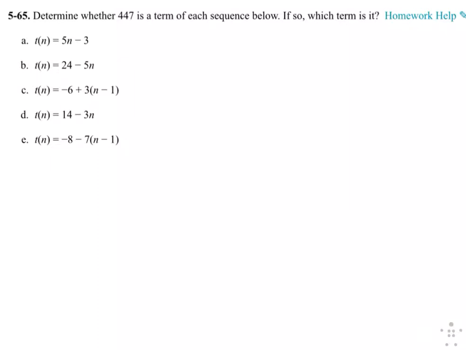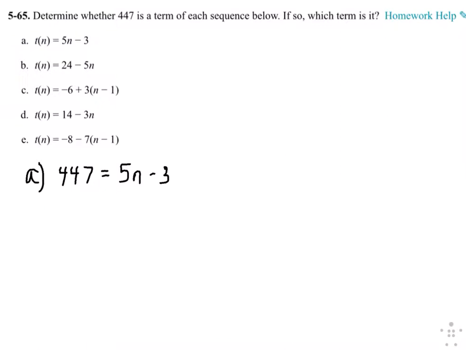Okay, for 65, they want us to see whether or not 447 is a term of each sequence. So, for A, what we're looking for is whether 447 could equal 5n minus 3, where n is an integer that's greater than or equal to 1, because sequences have domains of integers that are greater than or equal to 1.